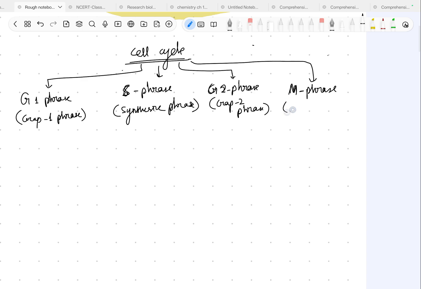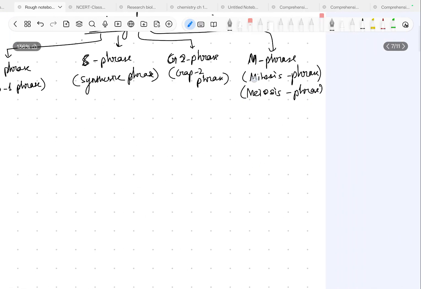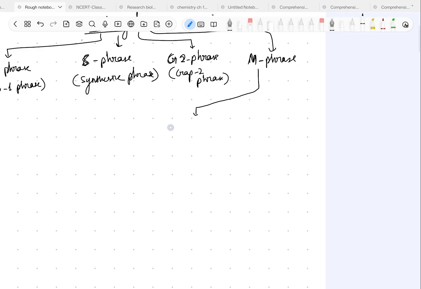The M phase is the mitosis phase or meiosis phase. If it is meiosis, then two types of division will occur. I am making it easier for you. In the mitosis phase, what will we see?